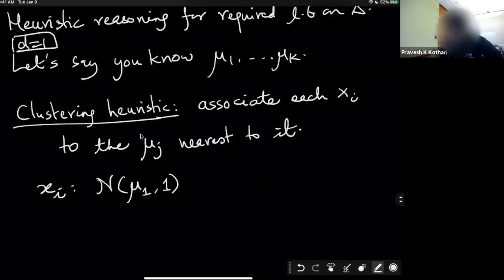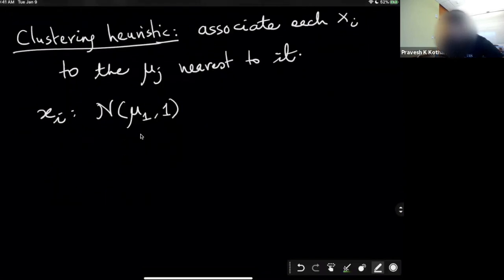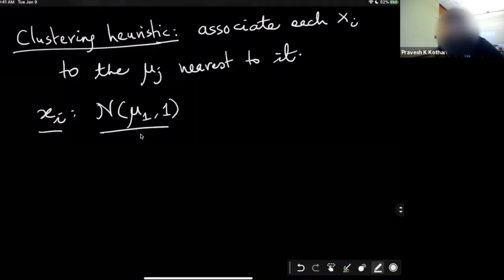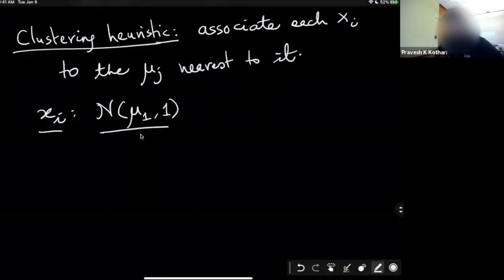So now we might want to understand what's the error probability. So when do I make an error in this particular way of assigning cluster labels to each point? Roughly I make an error in the following way. If xi was truly generated from the first Gaussian in my generation process, which nobody told us, but we know it happened, I make an error if for whatever reason xi happens to be nearer to some mu j for j bigger than 1.